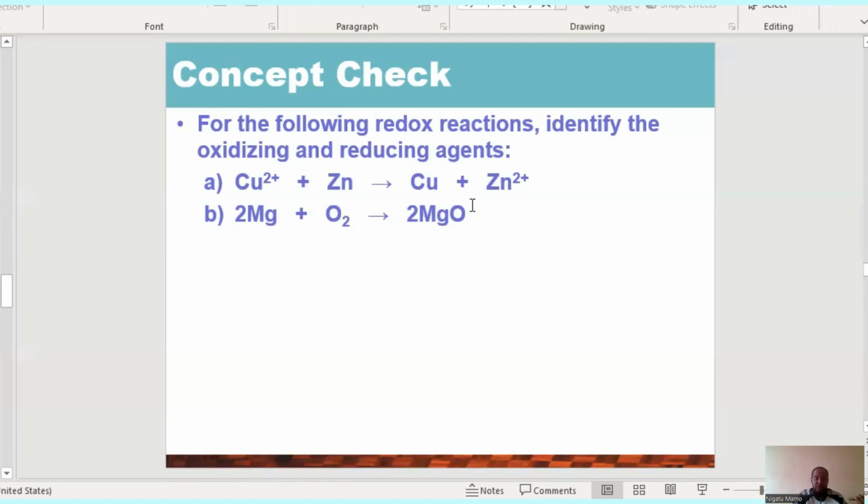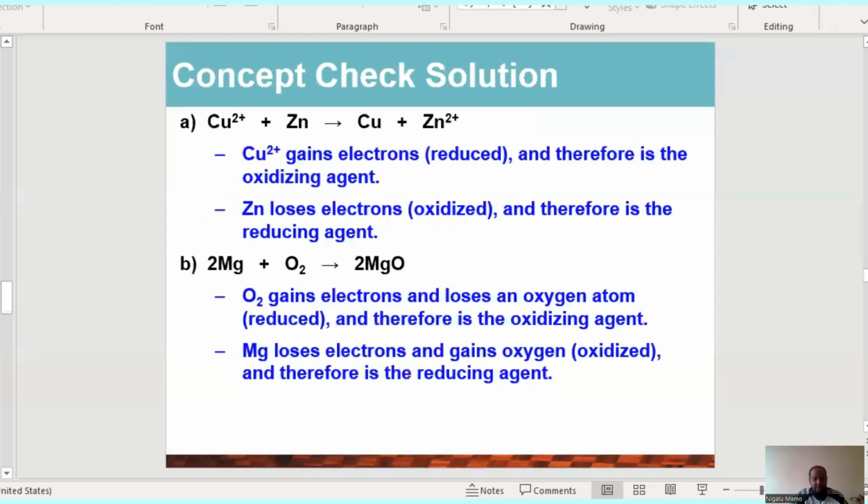This implies oxidation number decreased. This indicates O2 is the reduced substance and it acts as the oxidizing agent. It helps magnesium to be what? Oxidized. This is the answer for the concept check question.